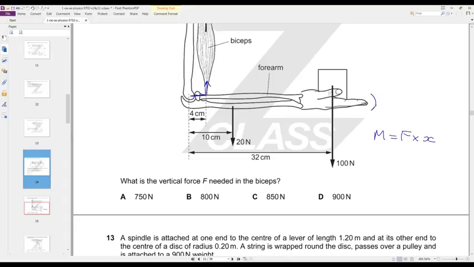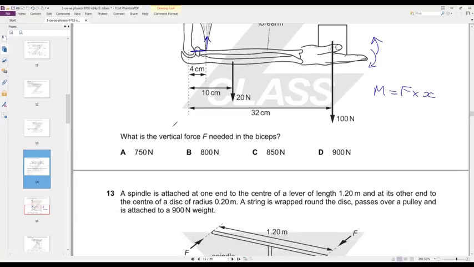So the anti-clockwise moment from the bicep needs to balance the two clockwise moments from the arm itself and the weight. Find the total moment from the weights and then divide it by 4 centimeters. There we go.